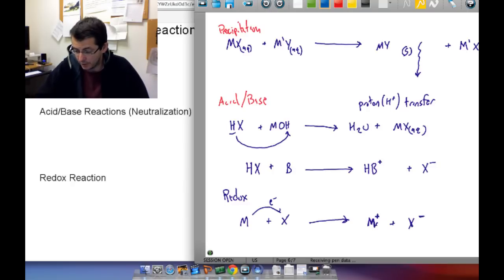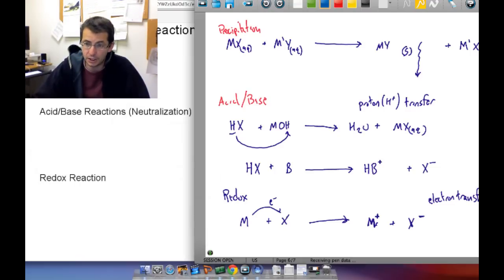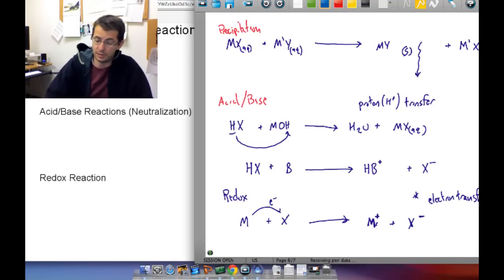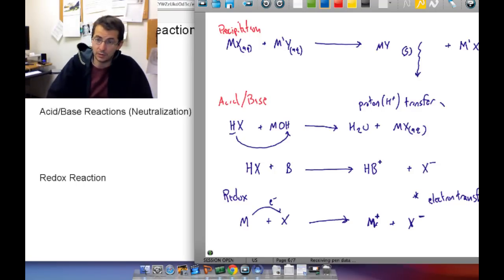These are electron transfer reactions. We will touch on electron transfer reactions this semester, but we'll delve more heavily into them in the second semester. Proton transfer, we'll look at the most basic style of proton transfer, called neutralization.